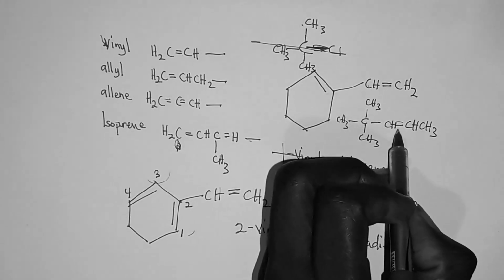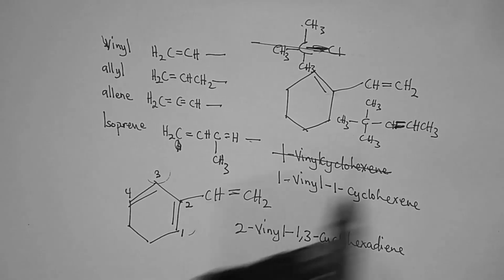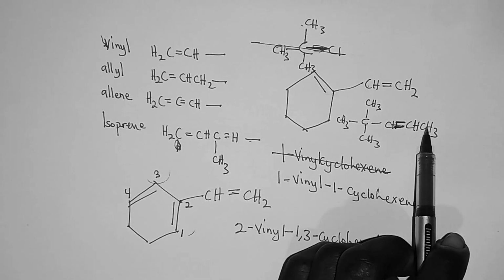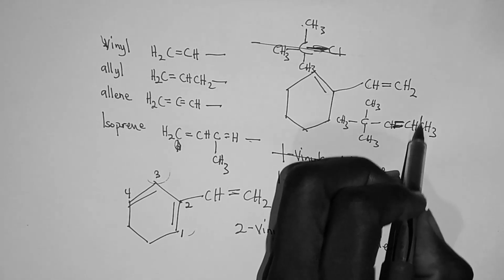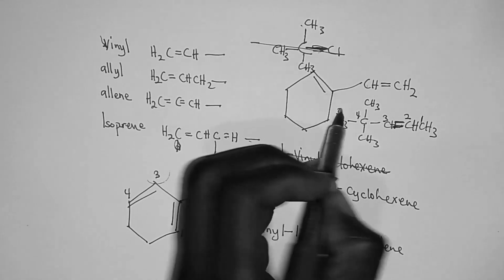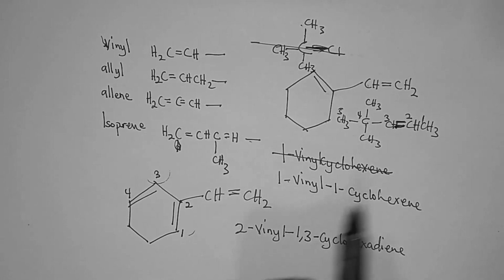So let's also name this molecule. This is a double bond, so we'll give precedence to where the double bond is. And therefore, this is 1, 2, 3, 4, and then 5. So it is a 5-membered chain, and therefore that is a pentene.